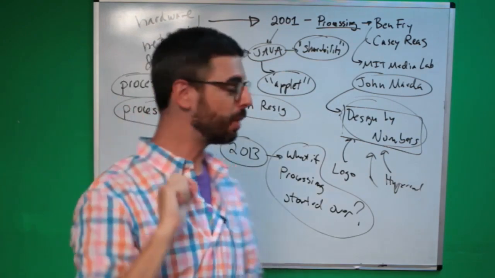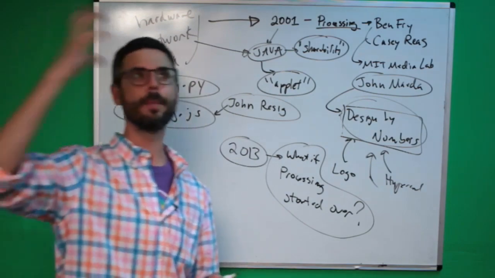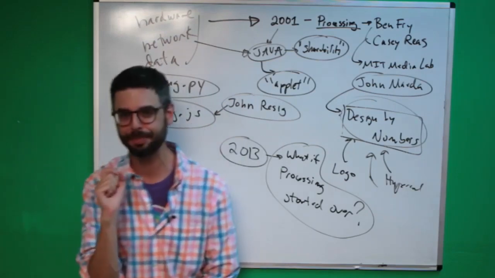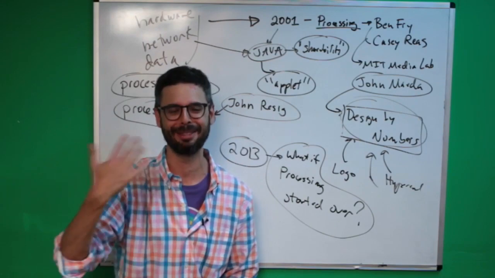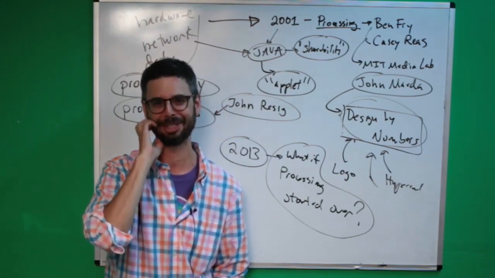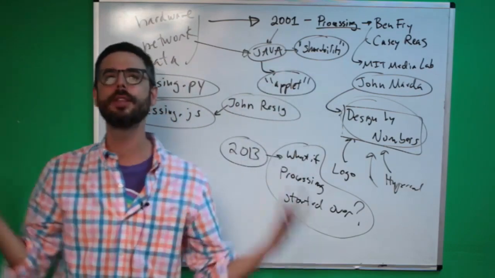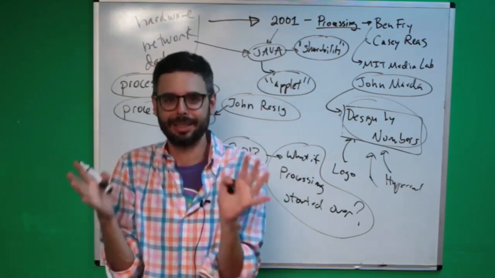What John Resig was able to do is not only port processing to JavaScript, so you could make processing calls in JavaScript, but this also has an engine to take your processing code and translate it behind the scenes for you into JavaScript, essentially. So you could write your processing code in Java and have it run in the browser in JavaScript through an auto magical process.